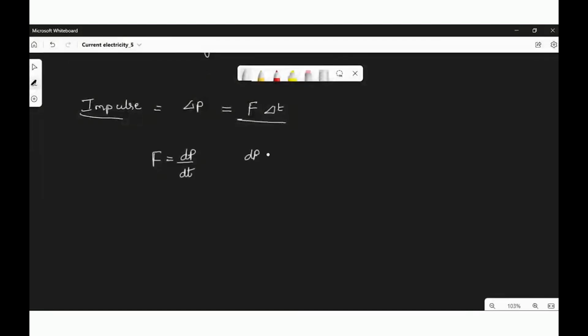If I want the change in momentum, it is nothing but F into delta T or dt. Now, if you want to find the momentum, you can integrate the force over the given time interval, and that will give you the momentum. From the problem point of view, this formula is important.